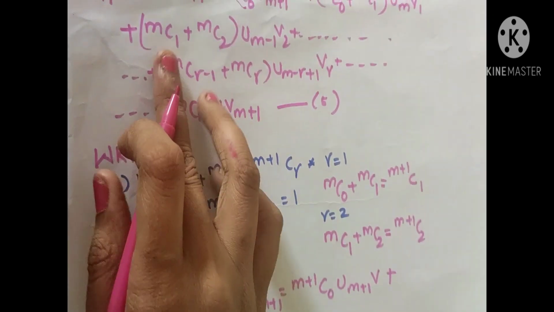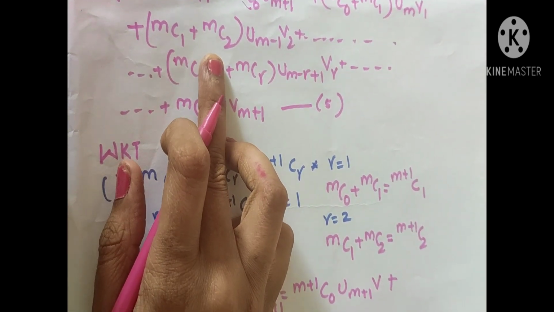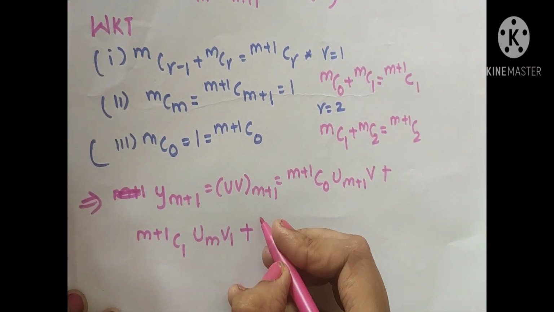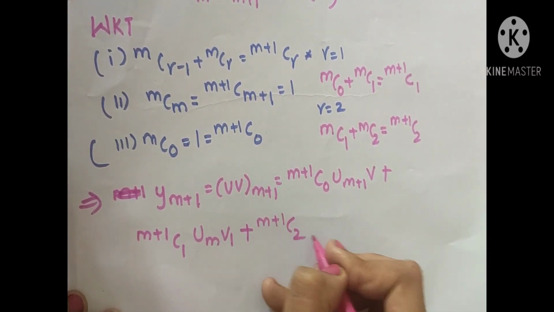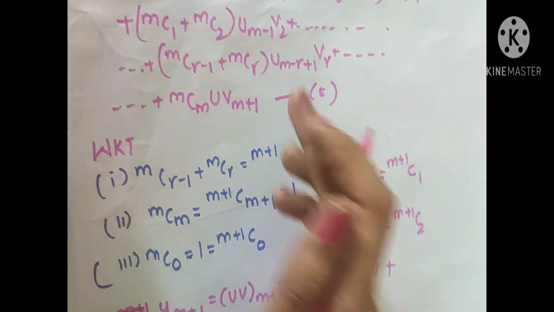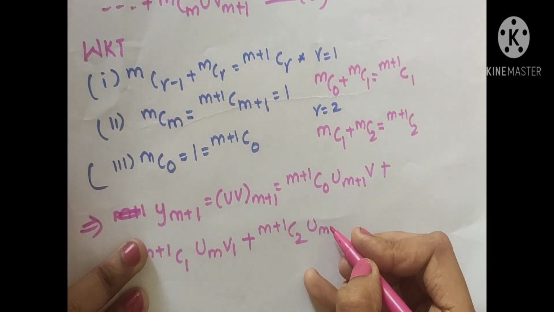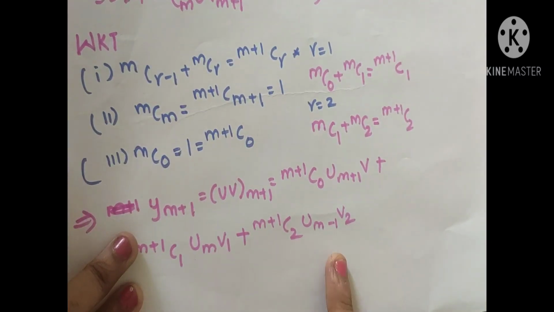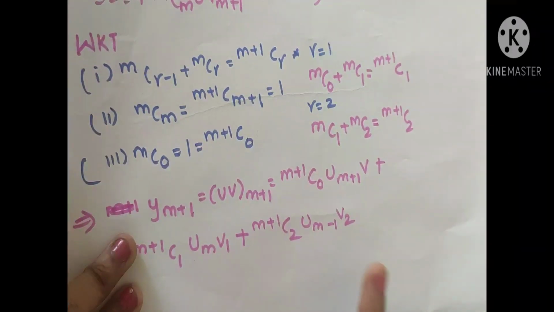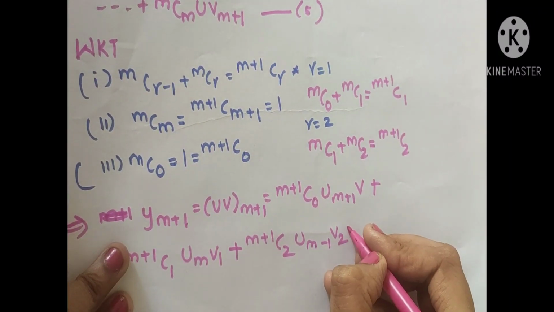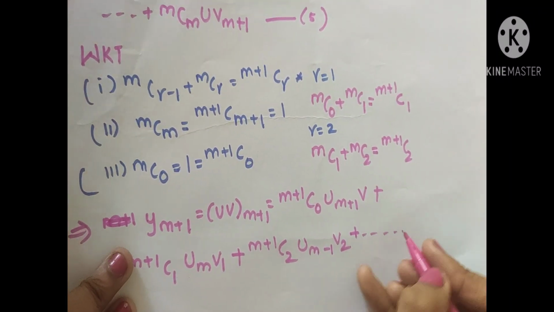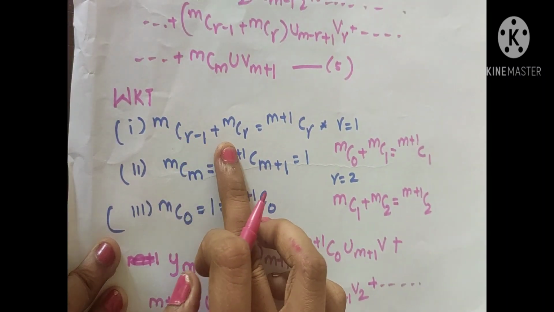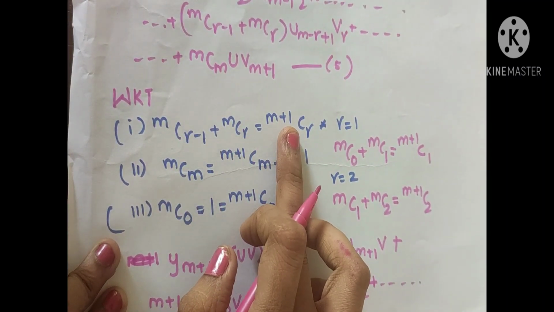Next is mC1 plus mC2, which can be written as (m+1)C2 times u^(m-1) v2. Okay, next is so on. As you know, mC(r-1) plus mCr is (m+1)Cr.